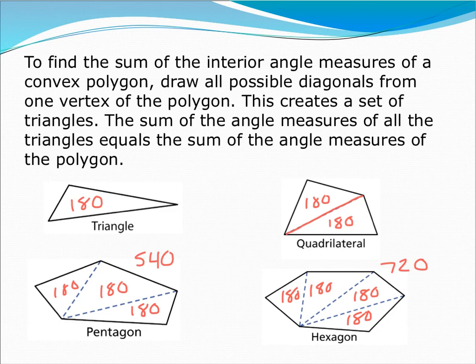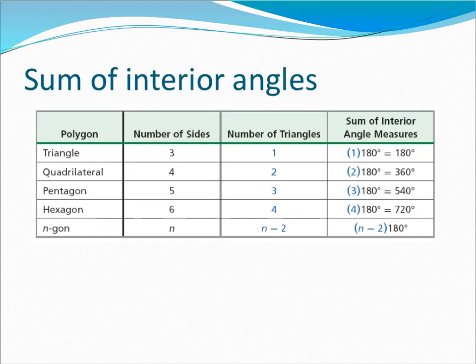So instead of drawing out each polygon and drawing the number of triangles, there's actually a formula for this. The formula is in this last line. So we do n minus 2 times 180, and that gives us the sum of the interior angles. So if we had a triangle, what would be our number of sides in a triangle? 3.